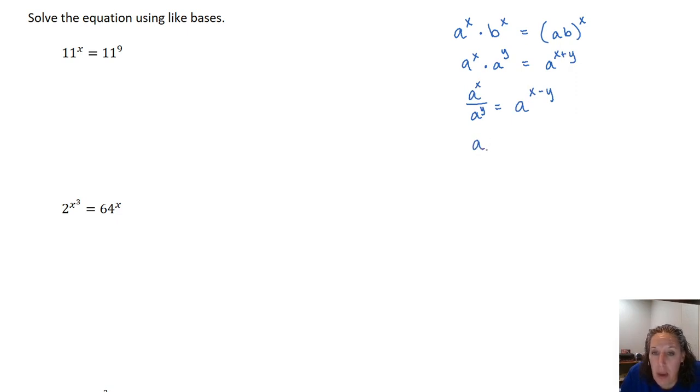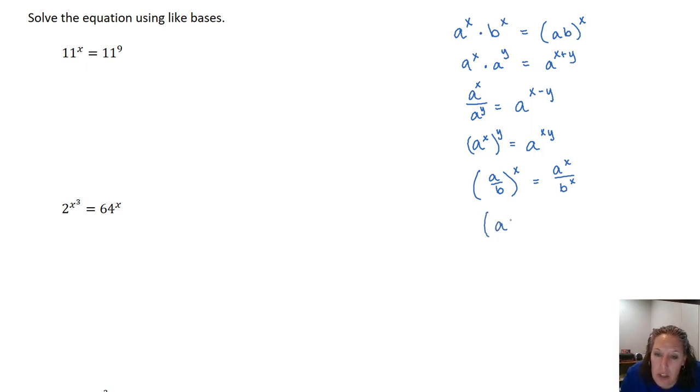If we have a power raised to a power, we're going to multiply those exponents. If we have a fraction raised to a power, we can split that up as the top raised to the power and the bottom raised to the power, as long as everything inside is either multiplied or divided.